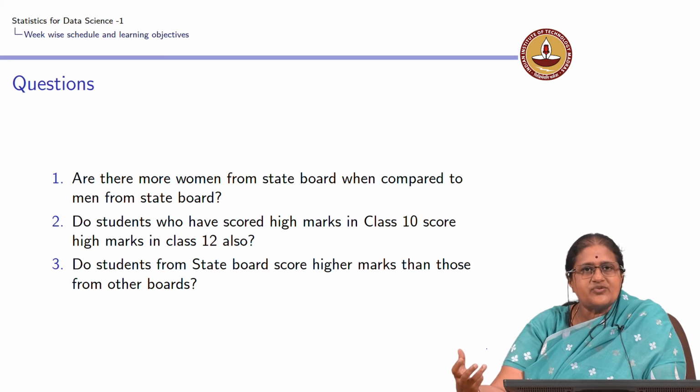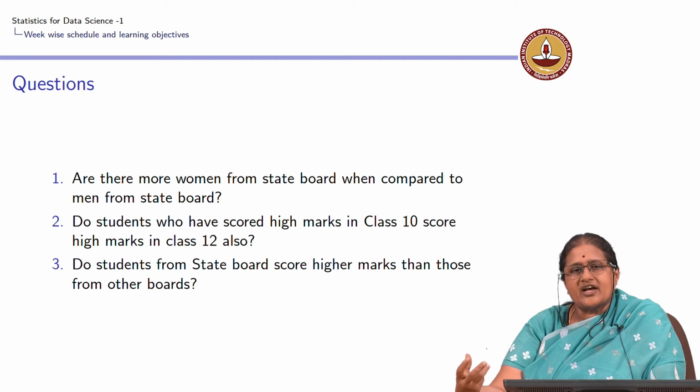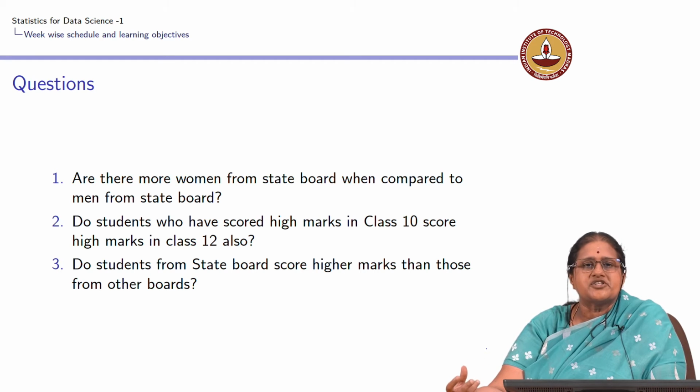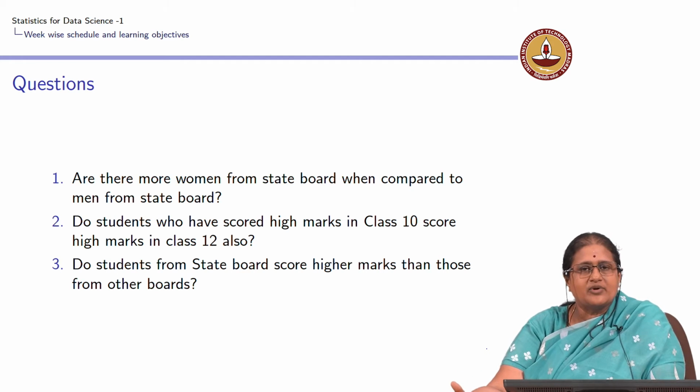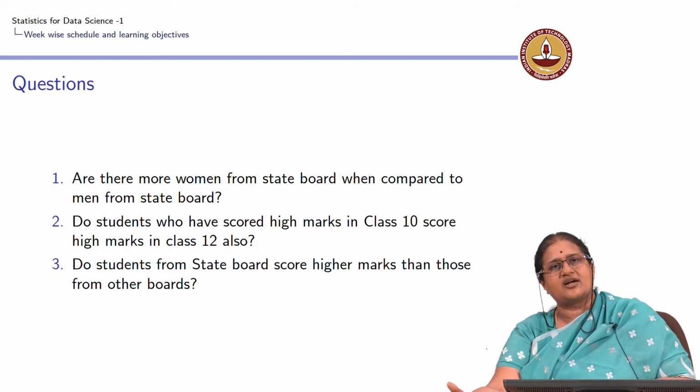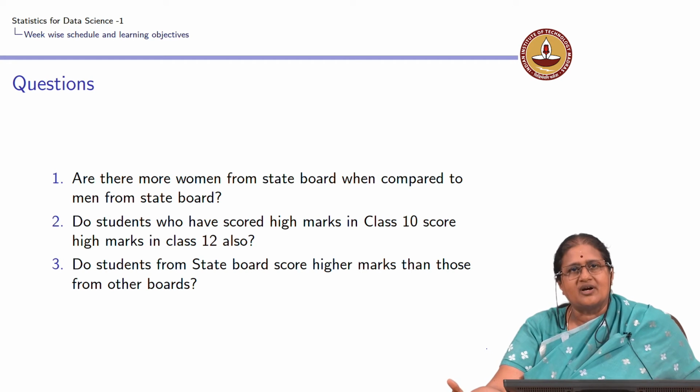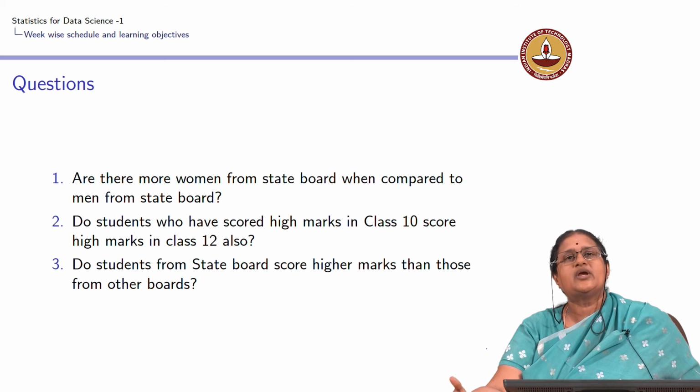So, in a sense, we are looking at whether I can come up with measures or summaries which can summarize the relationship between variables. So, moving from summarizing one variable, we move on to understand how we capture association between variables.